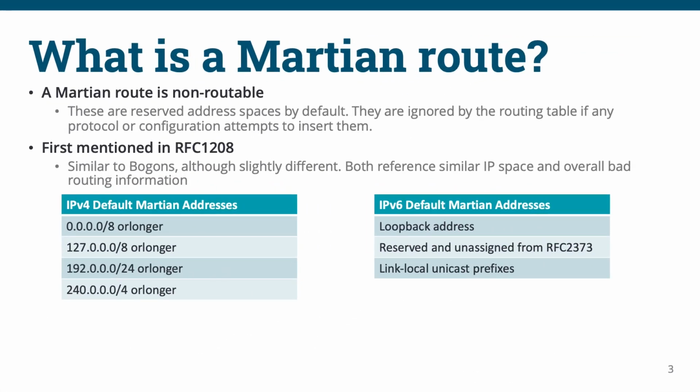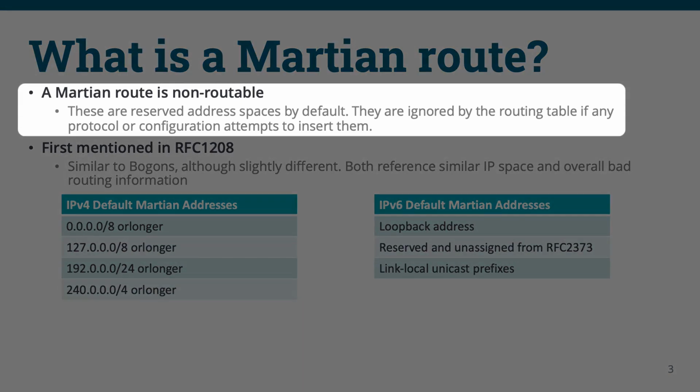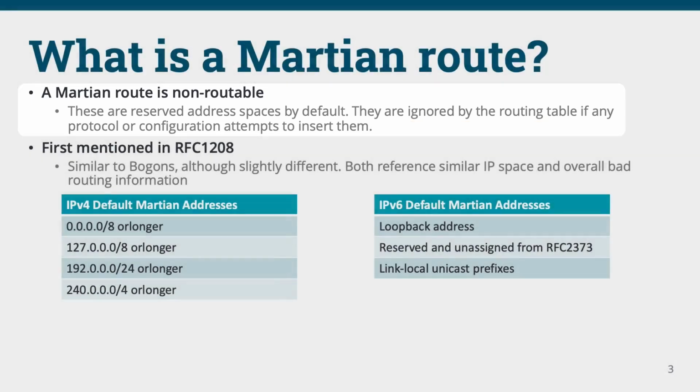First, a Martian route is simply a term used to describe a non-routable address space for the local device. These are routes which will be ignored by the local routing device, even if another router attempts to advertise the route by some dynamic protocol.